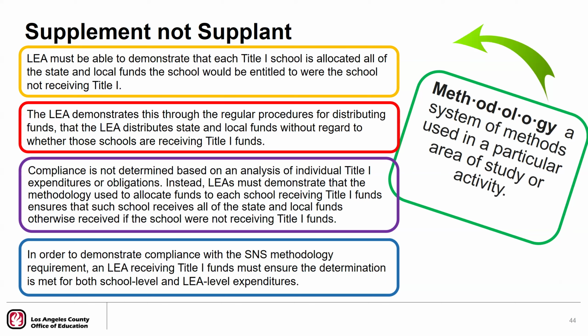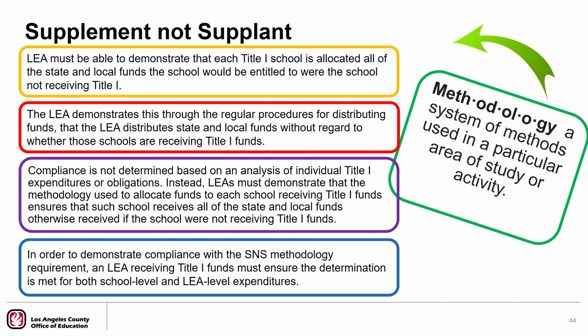There are some requirements when we talk about supplement, not supplant, and it's very specific. So the LEA needs to demonstrate that each Title I school is allocated all of their state and local funds that they would be entitled to without any regard to receiving Title I. So the LEA is going to demonstrate this through regular procedures for distribution of funds, that they would distribute those state and local funds without considering the school's Title I funding or any other funding.